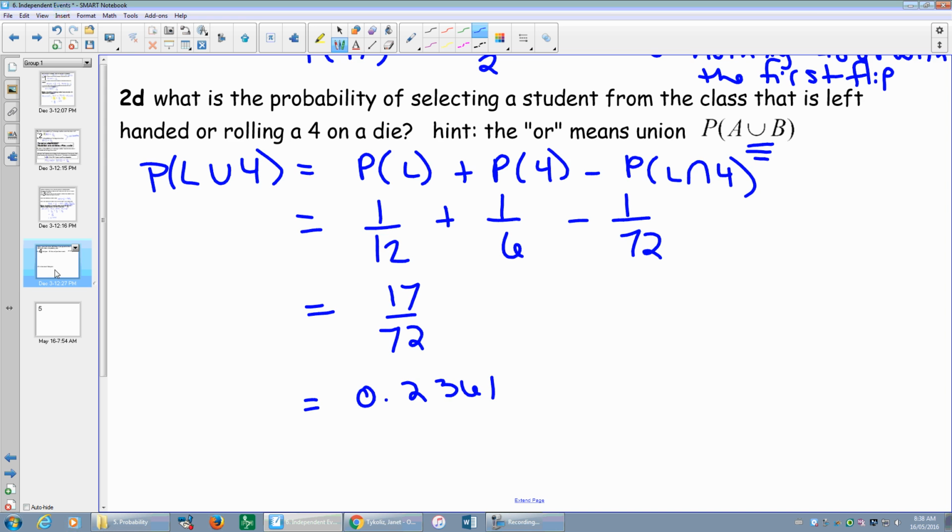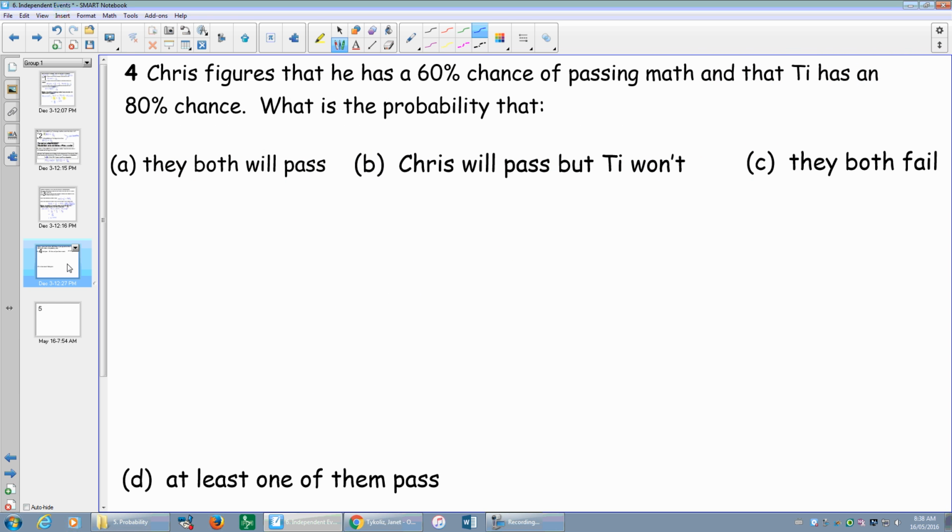Okay, our last one here. Chris figures that he has a 60% chance of passing math and that Ty has an 80% chance. What is the probability that they will both pass? So I want the probability that both Chris and Ty pass.